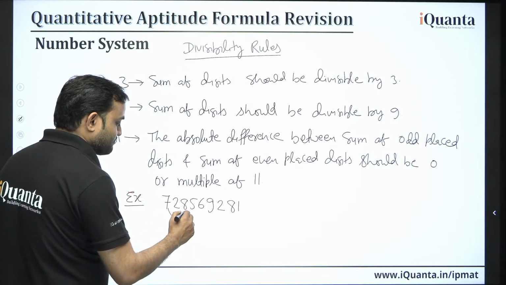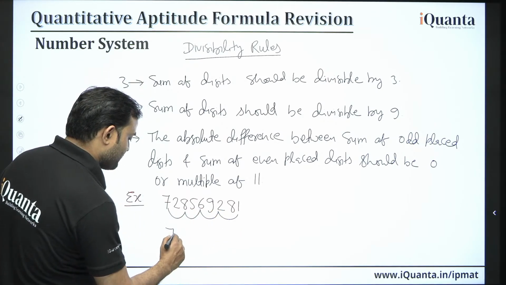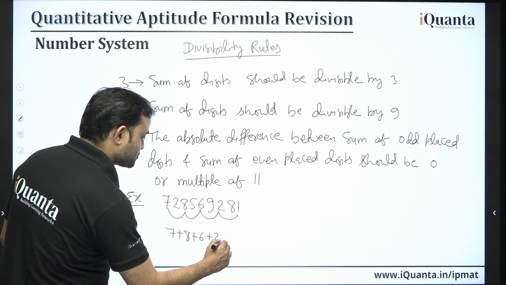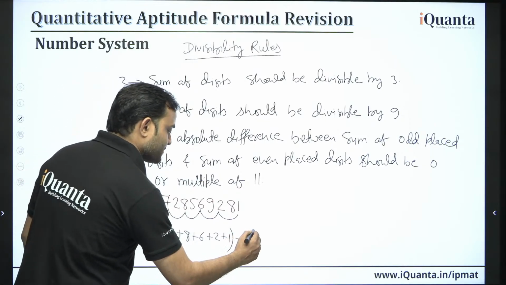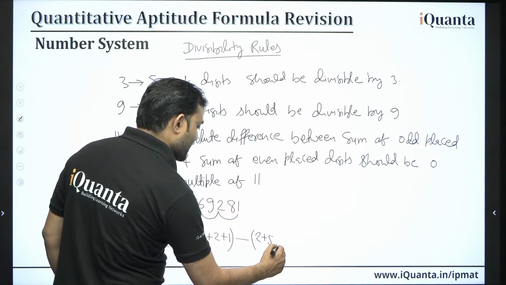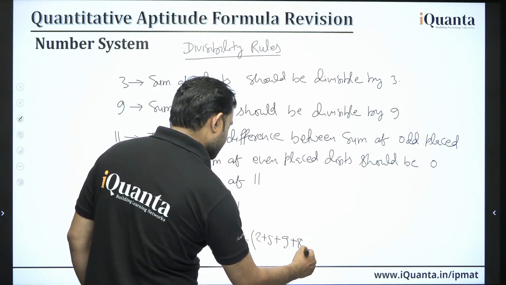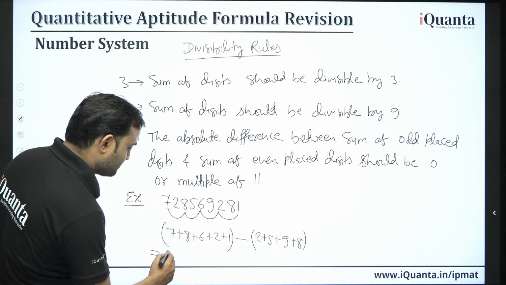So, 7 plus 8 plus 6 plus 2 plus 1. Then I am going to take the sum of the rest of the digits. Second place 2 plus 5 plus 9 plus 8.